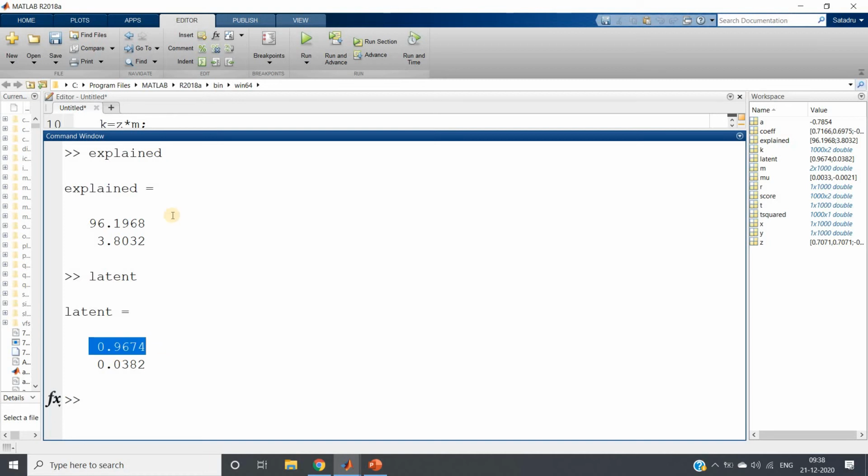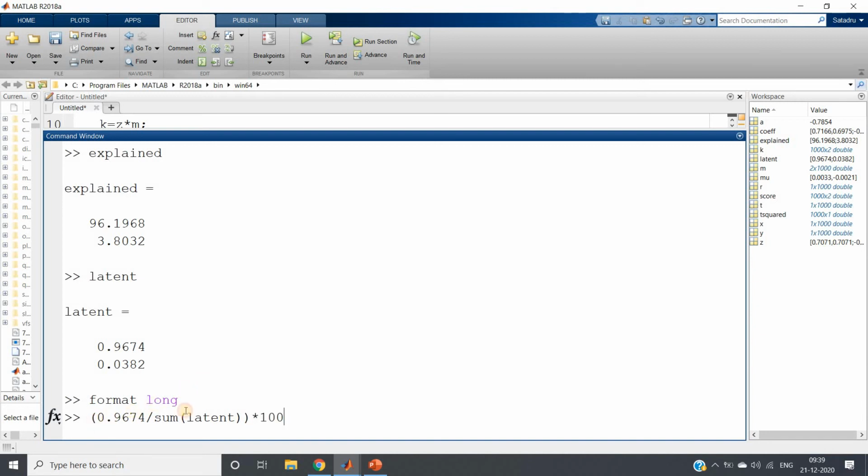Now you might wonder how the latent output and explained output are related. Explained indicates what percentage of total variance each principal component explains. So let us do that. First I will make format long, so that we get more accurate data. Now I will calculate 0.9674, the first element of my latent, divided by the sum of latent, multiplied by 100.